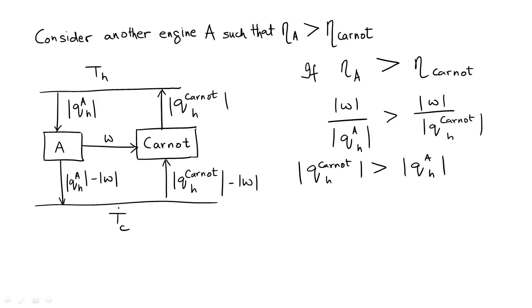The net heat extracted from the low temperature reservoir is this quantity minus this quantity. That is, Q Carnot hot minus W minus QA hot minus W.